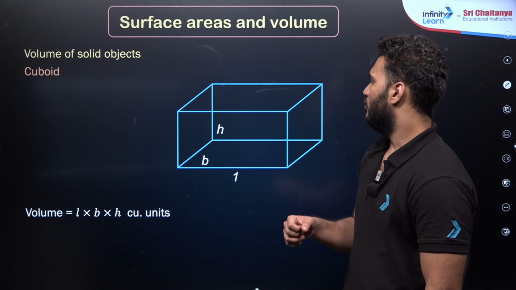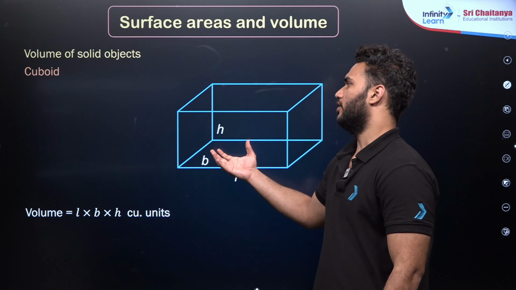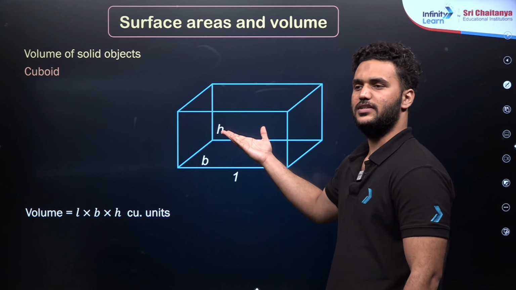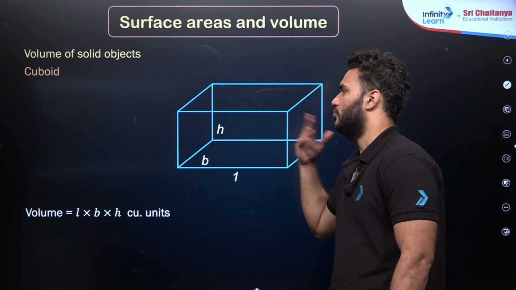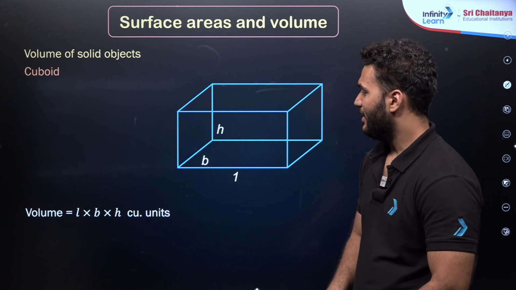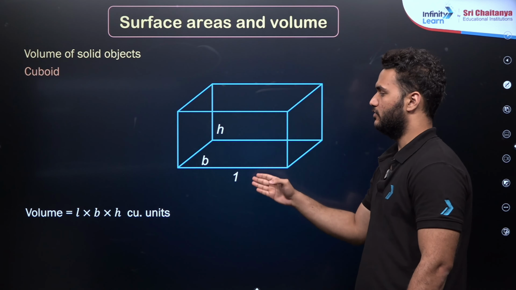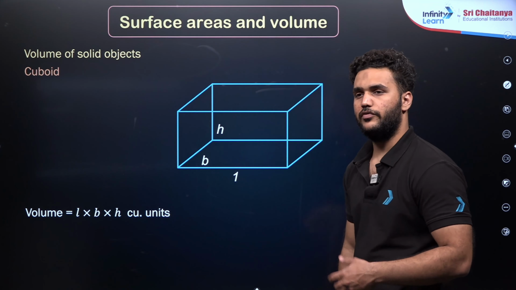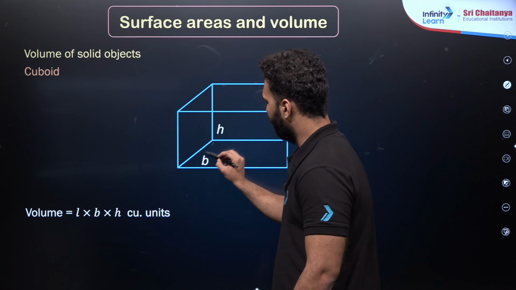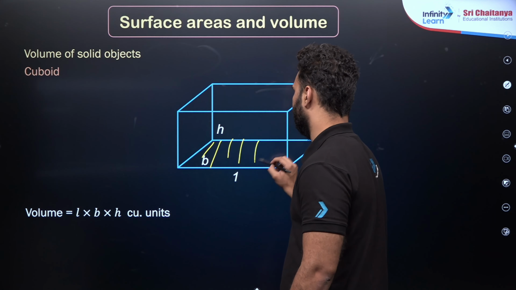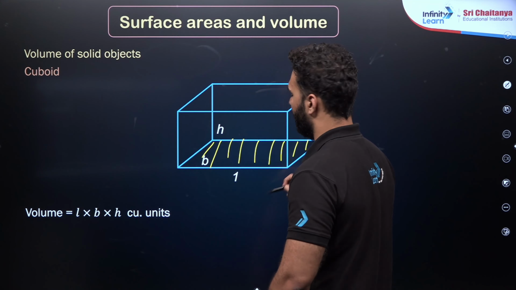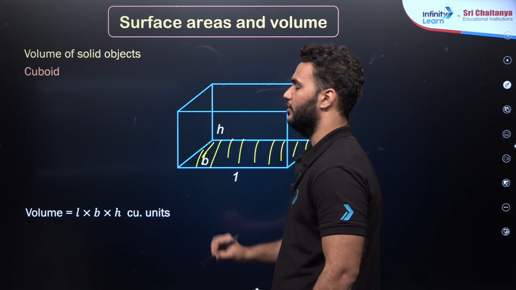Now to find the volume, you have to find how much water this cuboid can hold. For that, let's start filling this cuboid with water. The water will cover the floor, the complete floor, with one layer of water.